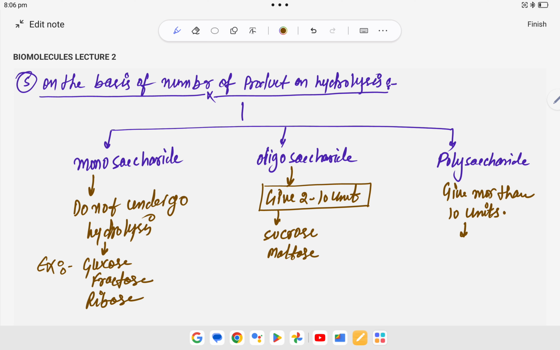Examples: starch, glycogen. In the beginning I told you in the glucose topic, this is the biopolymer, cellulose. Okay, so these are the examples. So this is all about the classification of carbohydrates. Classification is completed now, children.